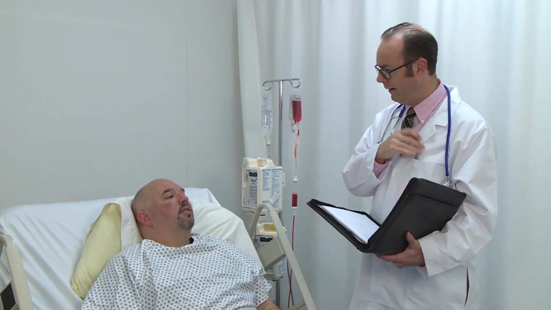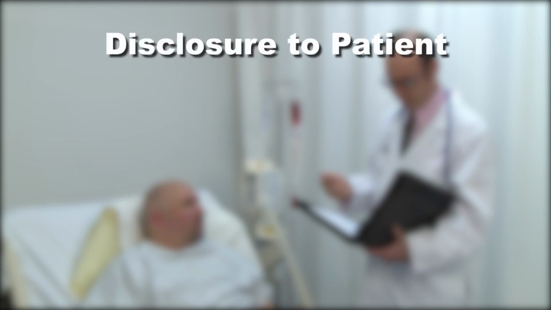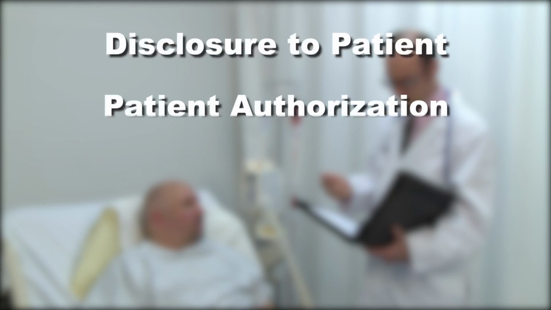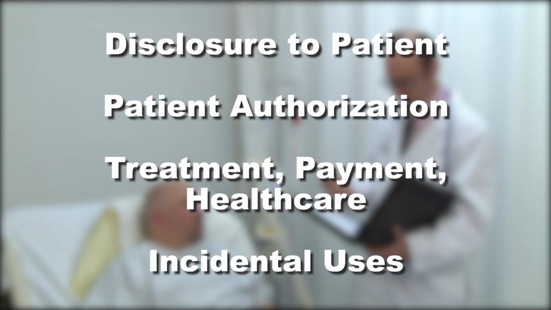The use and disclosure of PHI is permitted for disclosure to the patient, with patient authorization or agreement, for purposes of treatment, payment, and day-to-day health care, and for incidental uses, such as doctors talking to patients in a semi-private room where other patients or personnel may be present.